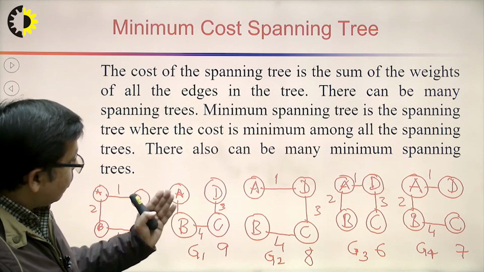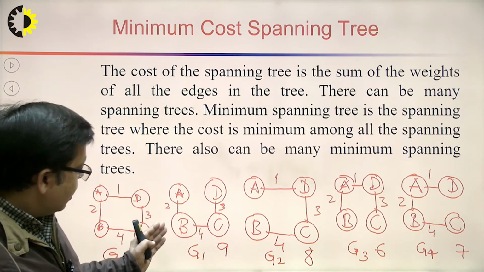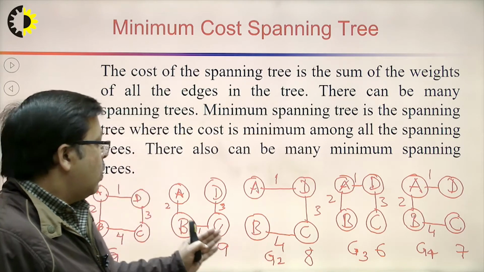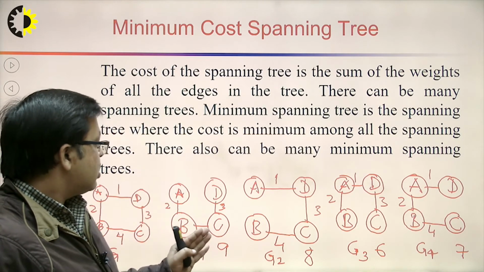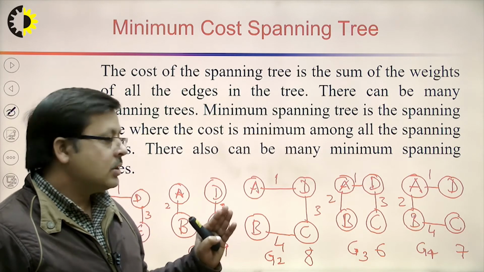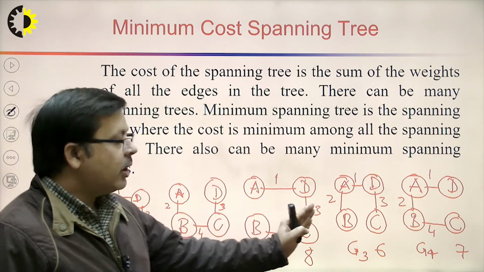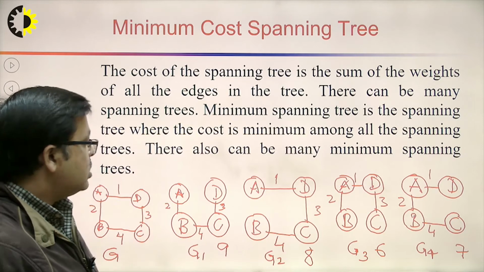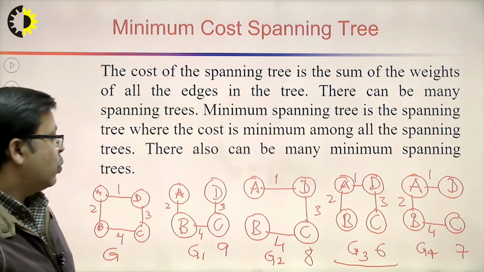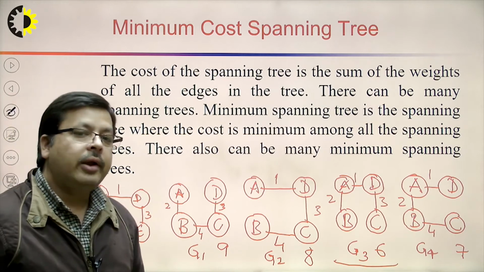Now you can guess that among these 4 spanning trees, the one which has the minimum weight is known as the minimum cost spanning tree. All 4 are spanning trees, but the one having minimum weight among these is known as the minimum cost spanning tree.